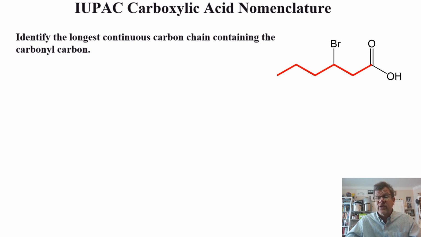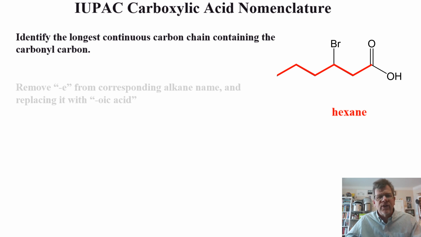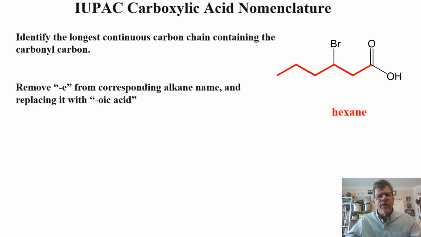If this were a 6-carbon alkane, it would be hexane, but it's not. We recognize that as a carboxylic acid and not an alkane. So thus, we will remove the E from the corresponding alkane name and replace it with the mouthful, oic acid.